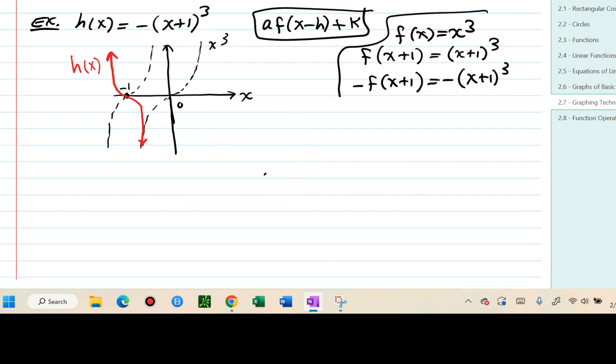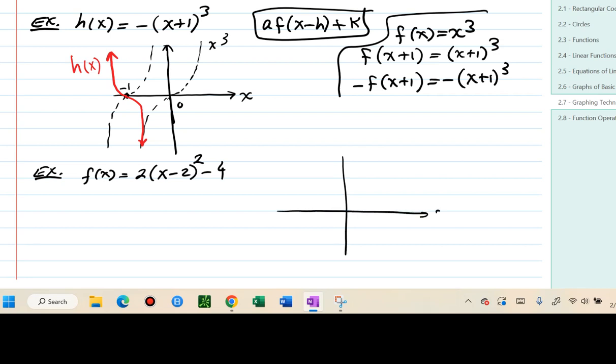Now, let's take a look at another couple more that will go fast this time. Suppose my f of x is 2 times x minus 2 squared, the squaring function, minus 4. For this one, we can see the effects. Here, we have a horizontal shift, right?